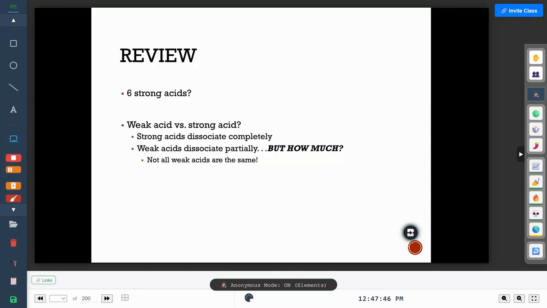All right, so we have 6 strong acids. Raise your hand if you can give me all 6. All 6 strong acids. Yes, let's go with, let's see, you are potassium? All right, potassium.